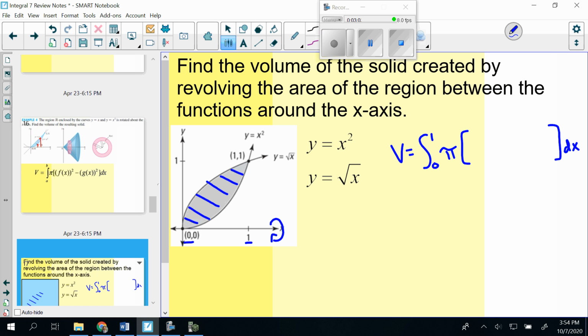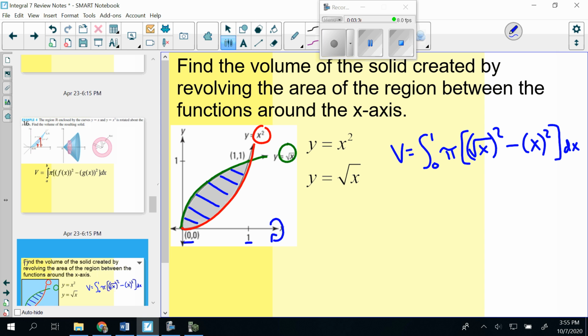So what are our two radiuses? Well, we want to make sure we take the one further away first. So the one furthest away from the rotation line, the x-axis, would be square root of x. And it's pi r squared minus the one closer to the x-axis, that's this one, so that function squared. Now it's just going through and solving this out and seeing what that volume is.